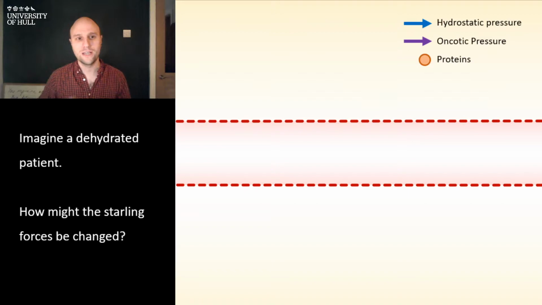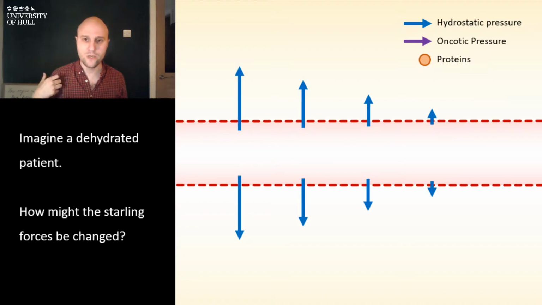And so they have less preload, there's less blood returning to the heart, their blood pressure you would think would be less, and their cardiac output would also be less. And so in a healthy person, the arterial end, towards the left-hand side of our diagram here, would have a higher hydrostatic pressure than the venous end.